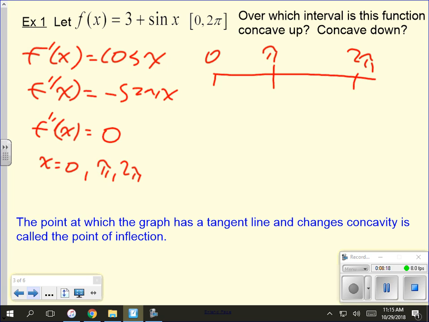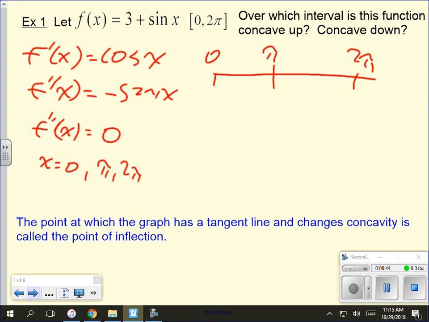So we have places where the second derivative is 0. Now we need to find, is it positive or negative in each interval? Just like the first derivative, these points are the only places where it's going to be 0. Everywhere else is going to be concave up or concave down accordingly.